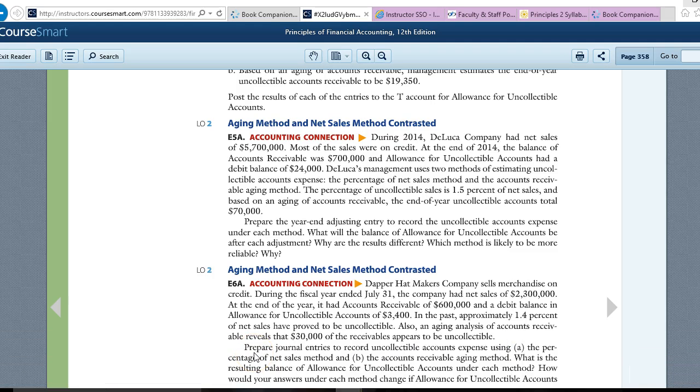Then it tells us, DeLuca's management uses two methods of estimating uncollectible accounts expense: the percentage of net sales method and the accounts receivable aging method.